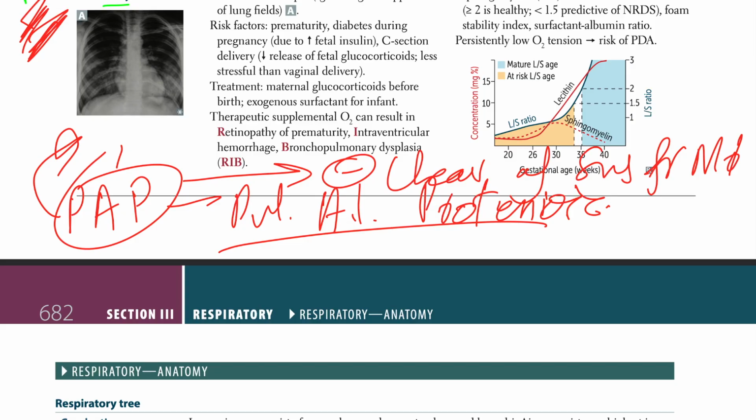So when you look at it, they will say, okay, we did a PAS stain, periodic acid Schiff stain, and it is positive, and it found the material which forms lamellar bodies. Again, same thing, lamellar body. Whenever you think about lamellar body, think about surfactant, man. That's as simple as that.